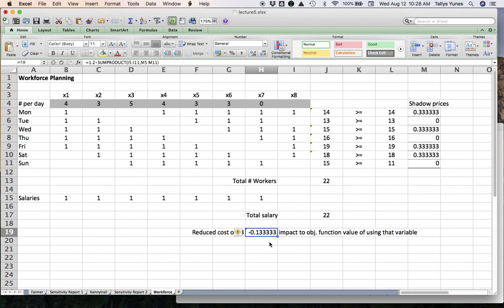So a negative reduced cost variable is a good variable in a minimization problem. That is, if you had this job in your restaurant, you would end up saving money, because it would allow you to allocate overall fewer people, or actually spend less money in wages, and still meet all of these requirements here. Okay.